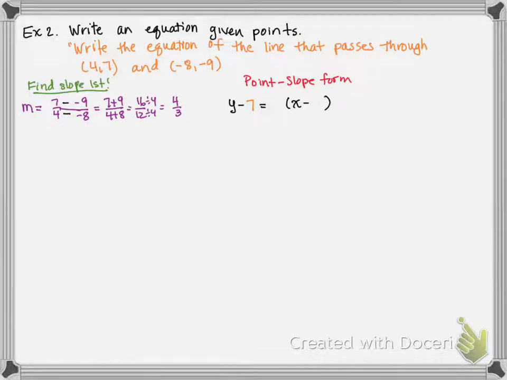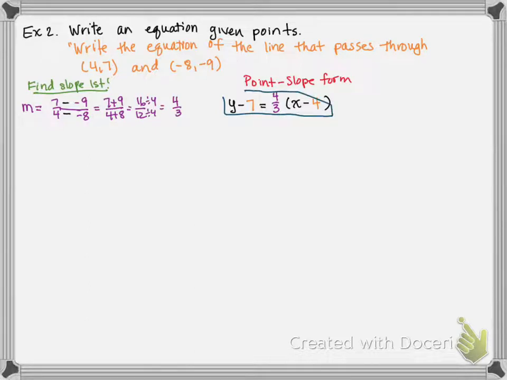Our slope we just figured out was 4/3. And then it's x minus 4. And all I did was plug numbers in. Done. Okay?